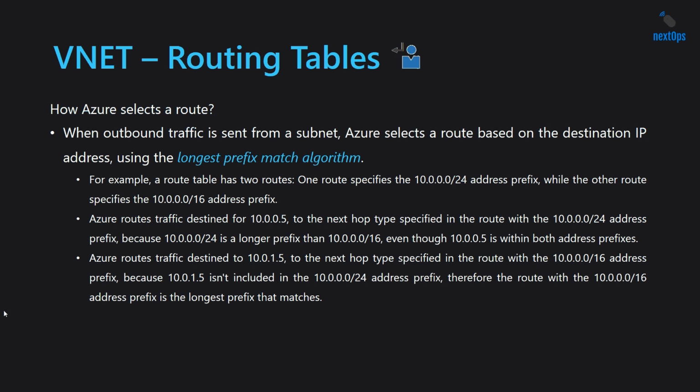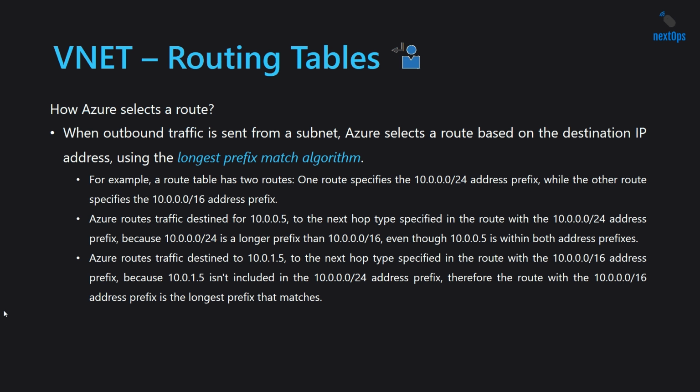It uses the longest prefix match algorithm to select the route and enable the communication. In this case, which one has the longest prefix, and how do we identify it? Azure selects the /24 route for the communication instead of the /16 route, because /24 has the longest prefix.